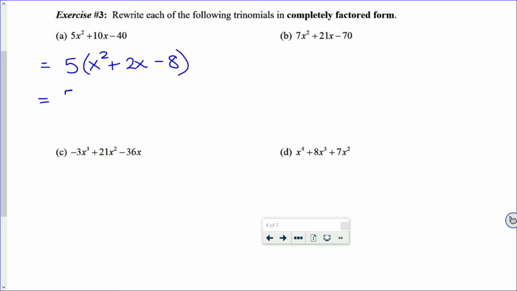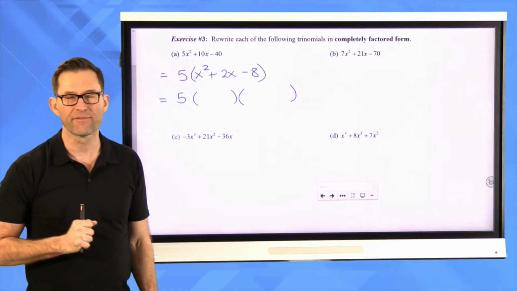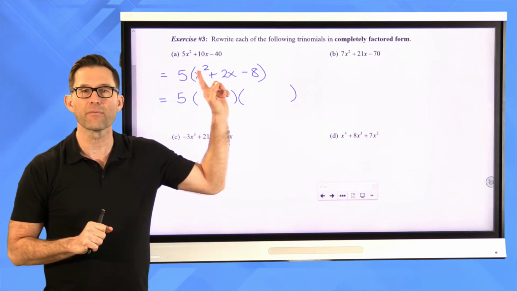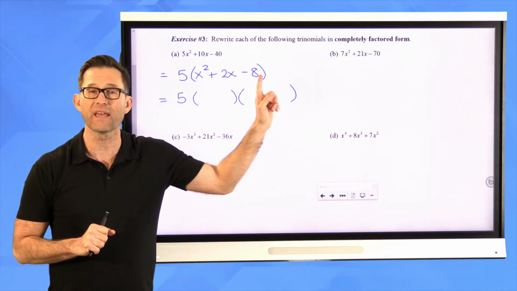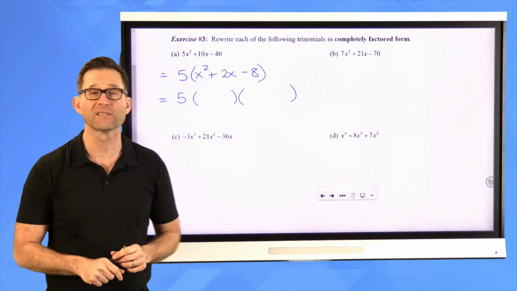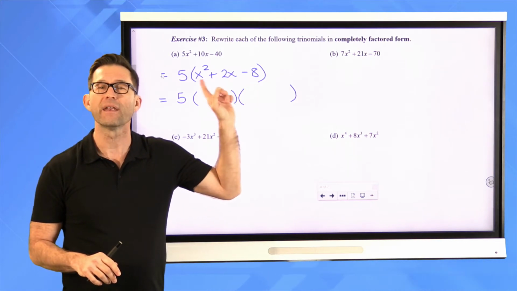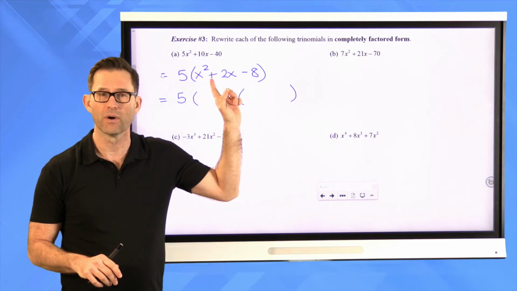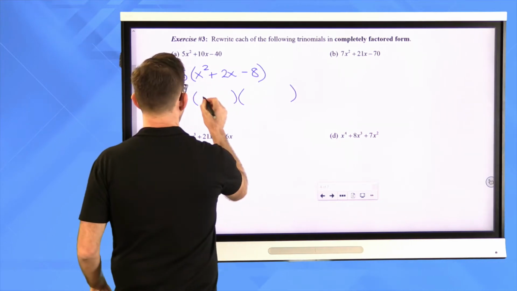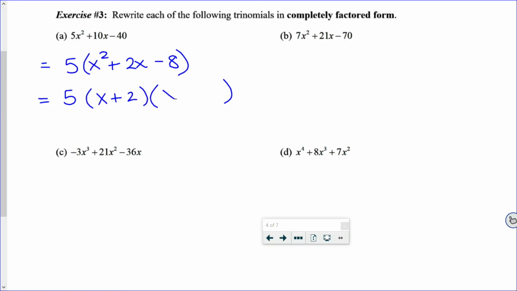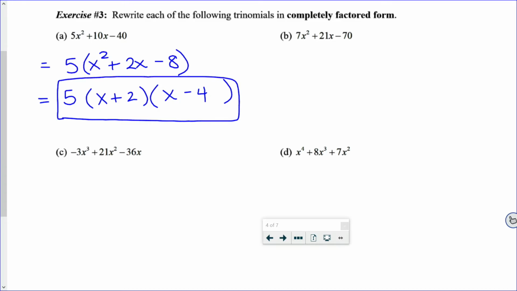Now, after I've factored out that 5, I want to look inside of the parentheses at x squared plus 2x minus 8, and I want to go back to what I did in the last lesson. I want to think about two numbers that have a product of negative 8 and a sum of positive 2. Those two numbers are positive 2 and negative 4, but that gives us 5 times x plus 2 times x minus 4.